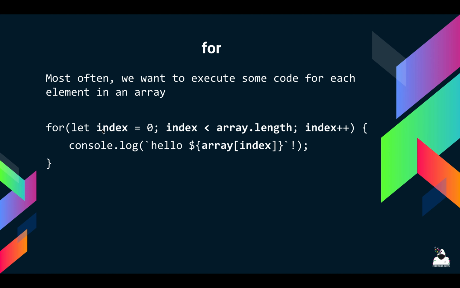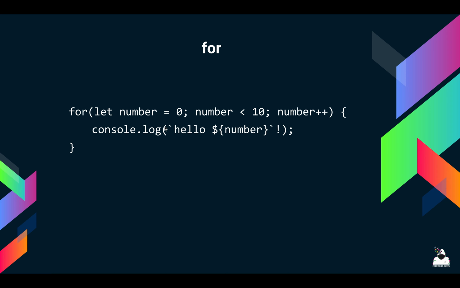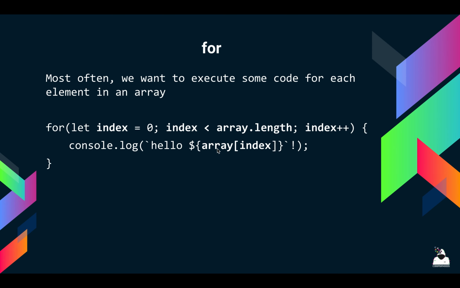The number we use to access elements in an array is called an index. So in this case, we're no longer calling it number, we're calling it index. So index starts at 0, let index equals 0, while index is less than array.length. Run this code and increase index by 1. So now, instead of just saying hello, whatever the number is, it's going to say hello, whatever the value inside the array at that particular index is.